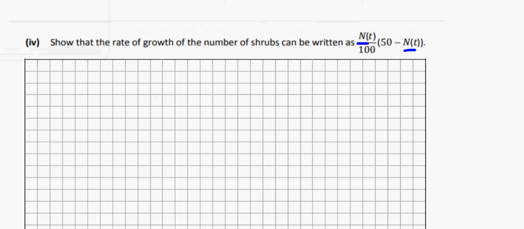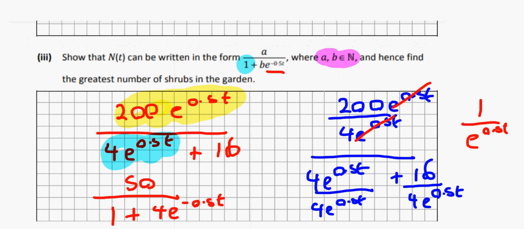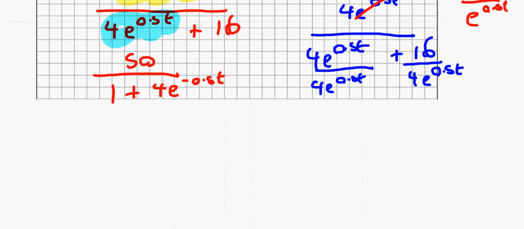Alright. I don't think it's quite worth the time that I need to put into it, but I'll do it anyway, and I'll show you. So I'll do the first part and I'll explain how to do the second part, okay? Now, here's what it is. See N of t, okay? We just said that N of t is this here.